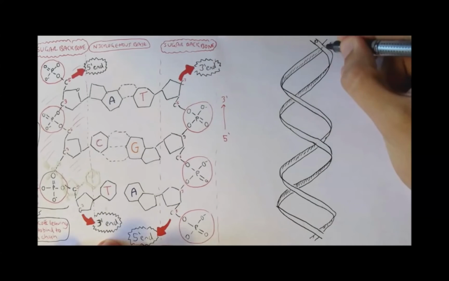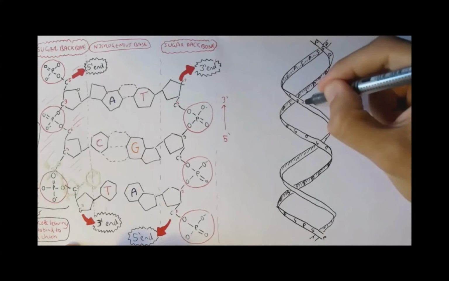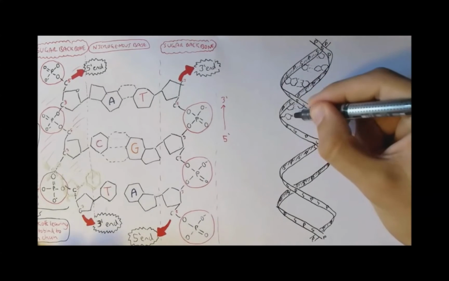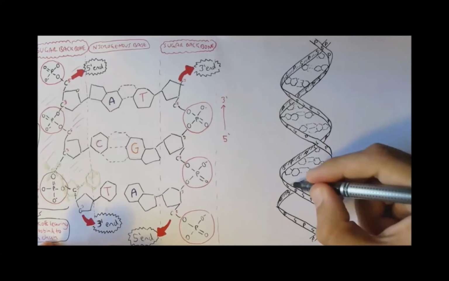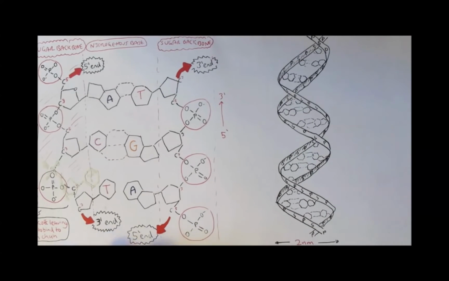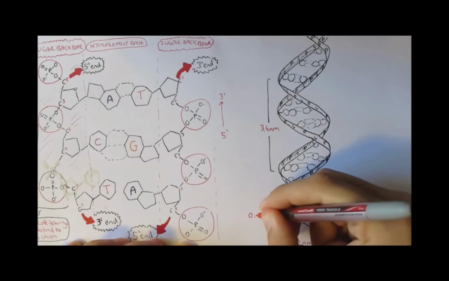Let's look at the dimensions of DNA. So here we have the 2 DNA strands coiled up. It shows the sugar backbone consisting of phosphate and sugar one after the other, and the bases are attached together like so. DNA is about 2 nanometers wide. One full curve of DNA is about 3.4 nanometers, and the distance from one phosphate to sugar is about 0.34 nanometers long.